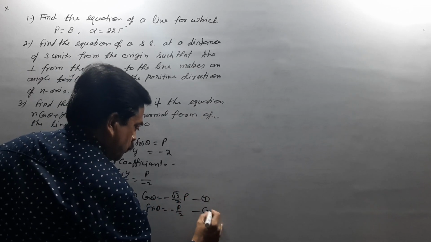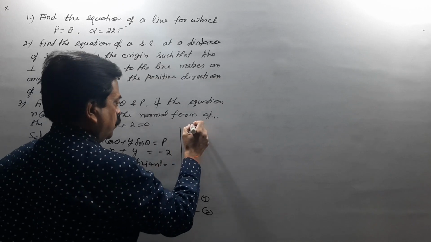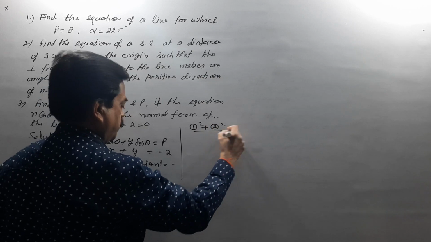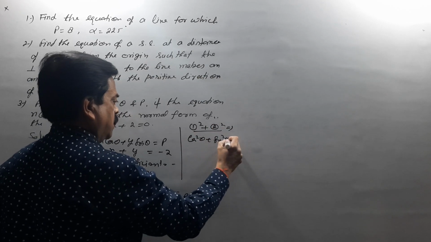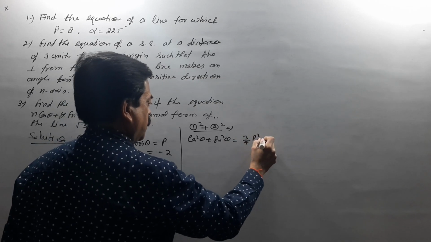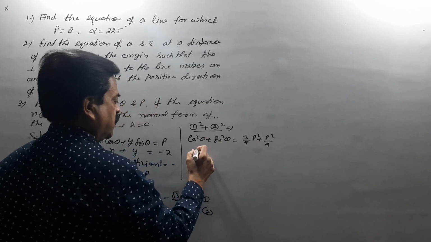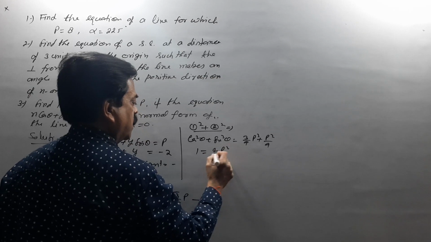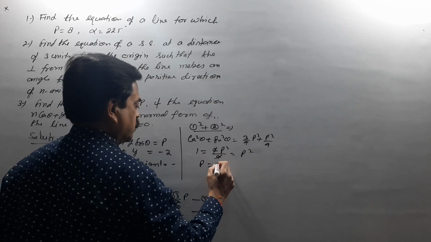Equation 1 and 2. Squaring and adding these two equations, this implies cos square theta plus sin square theta equals to 3 upon 4p square plus p square upon 4. Cos square theta plus sin square theta we know is 1, and this is 4p square upon 4, 4 and 4 cancel, p square equals 1, so p equals to 1.